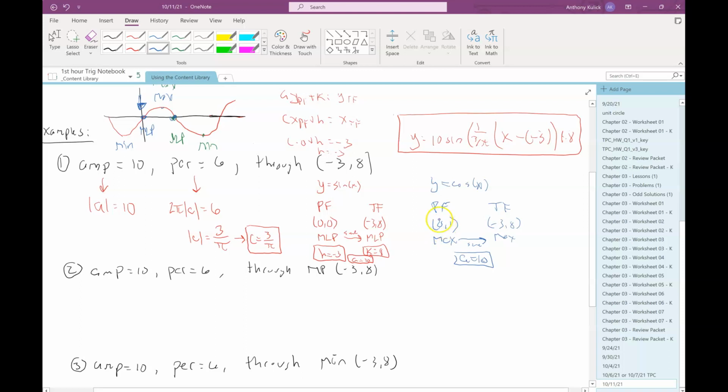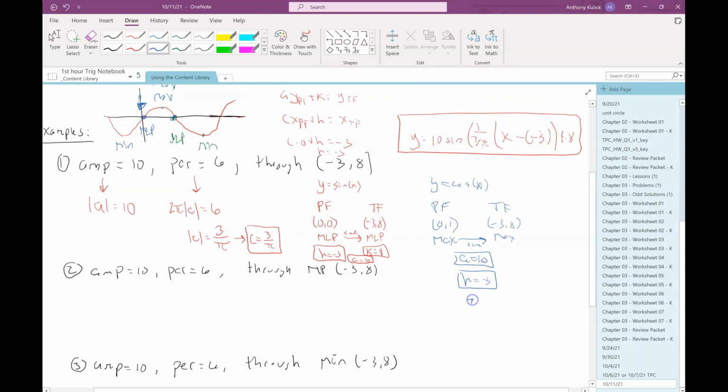Just like before, because the x-coordinate here is 0, the h is going to be the x-coordinate in my transform function. However, here the k, or the y-coordinate in the transform function, is not 0.